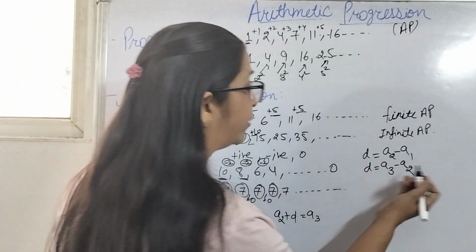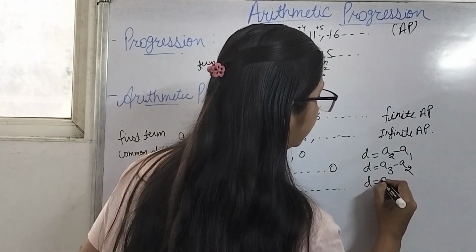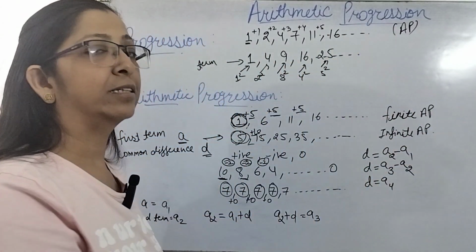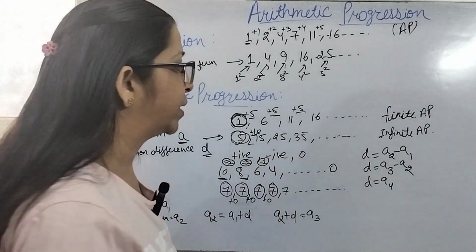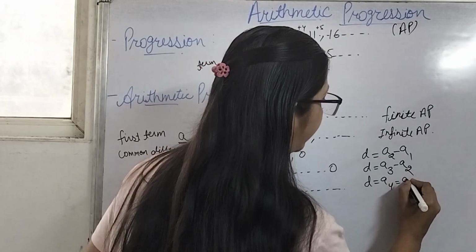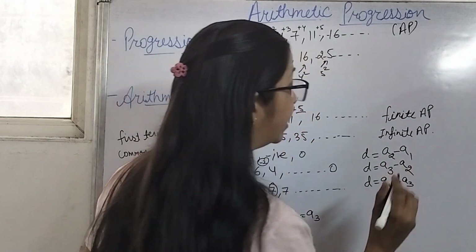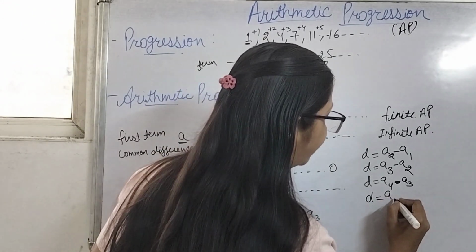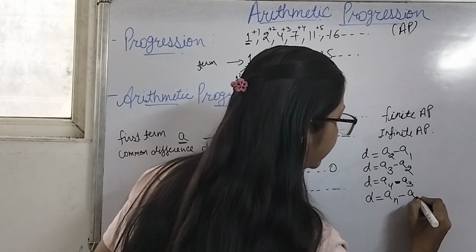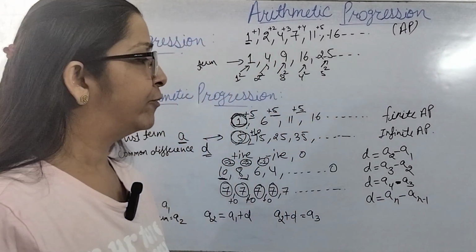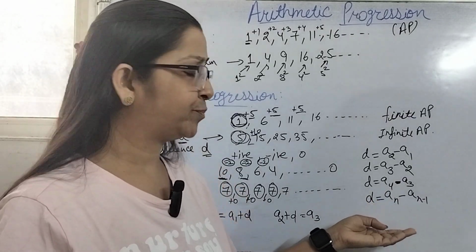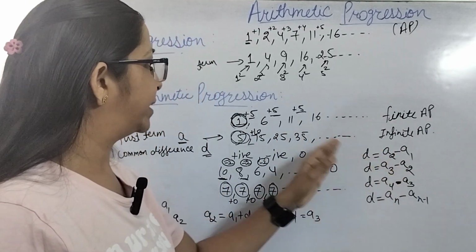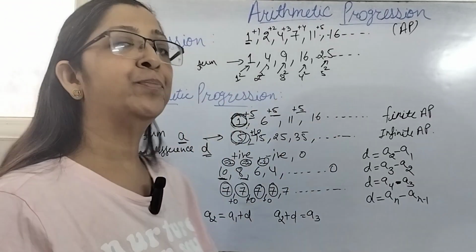That means it will remain the same whichsoever term you want to take, you need to subtract the previous term from the next term. That means it is even equivalent to a4 minus a3. That simply means we can say that the value of d, that is the common difference, could be a_n minus a_(n-1), where n could be any positive number. So the value of common difference we can get by subtracting the previous term from the next term.